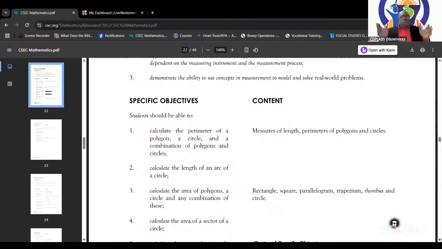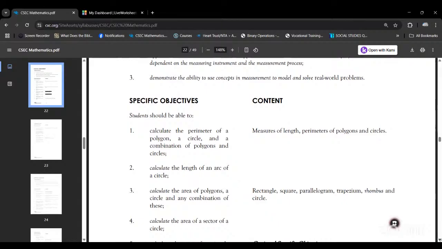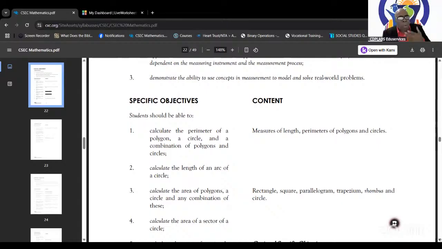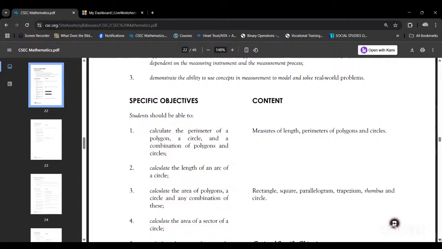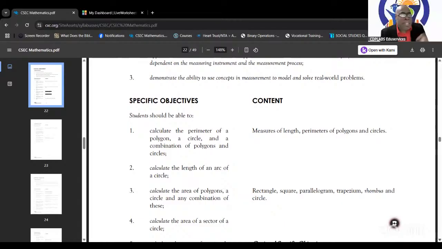All right. So the first objective states: to calculate the perimeter of a polygon, a circle, a combination of polygons and circles. So you know how to put them together, right?